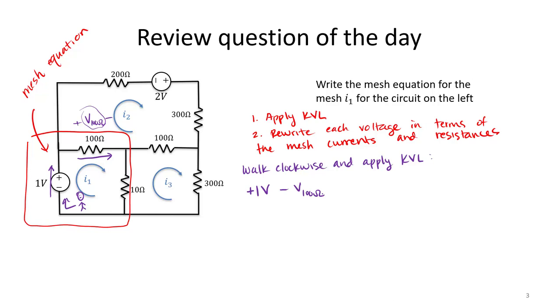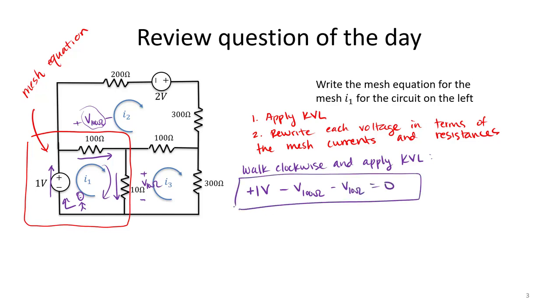That's the voltage drop across that 100 ohm resistor. Finally, I walk across that 10 ohm resistor, and once again, notice the current is also assumed to be entering the top end of this resistor. So in this case, I'm going to treat that as a voltage drop, and I get this Kirchhoff's voltage law equation.